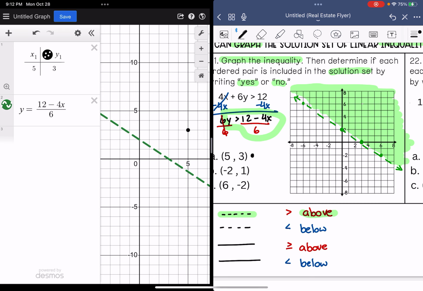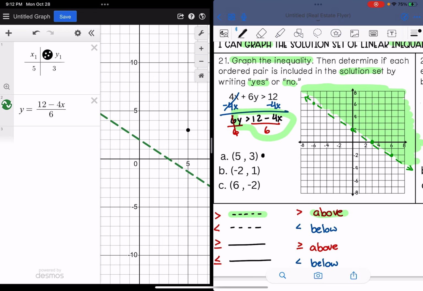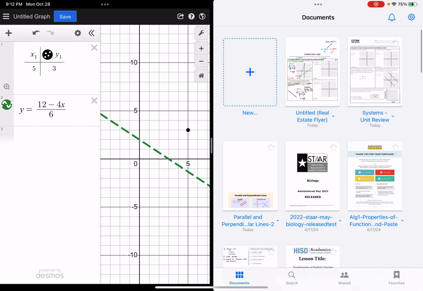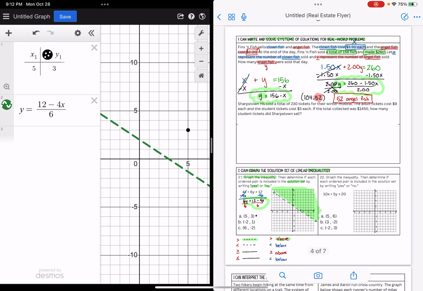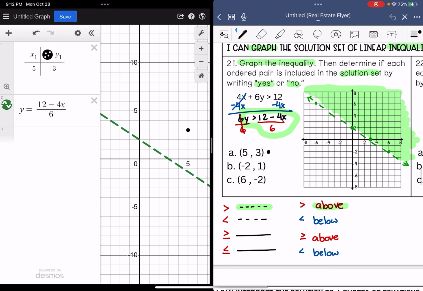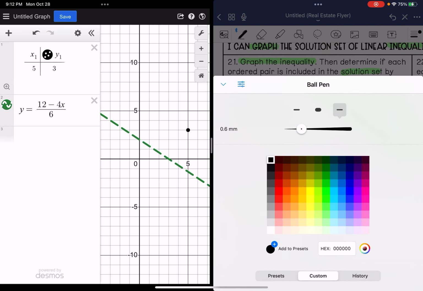So right here, point A, it looks like it goes right here at 5, 3, and it's up on top of the line in the shaded part, so this one is definitely in the solution set.